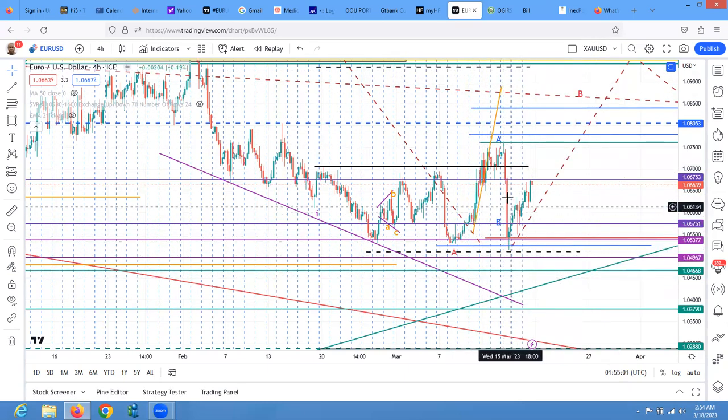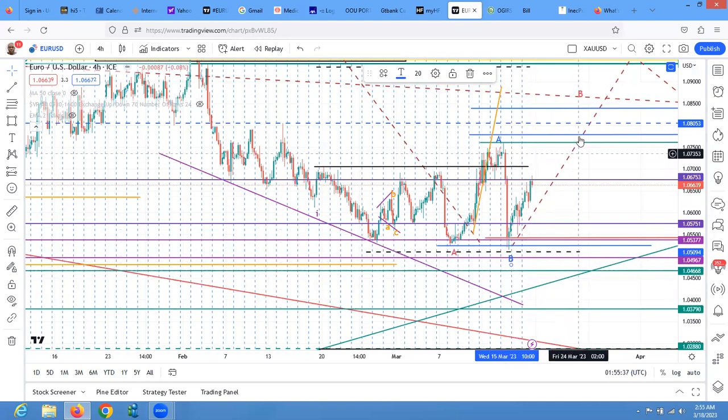Now, in a correction, if it has come here, it can still be a running flat or an extended flat. If it has come here, the only thing it can be is an extended flat. So it still wouldn't have ruled out the possibility of a correction of a B. So this wave, even though it came down so sharp, could still have been a wave B at this level, and it will run a C higher up.